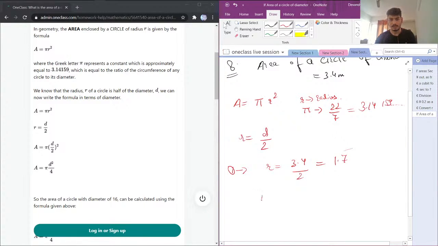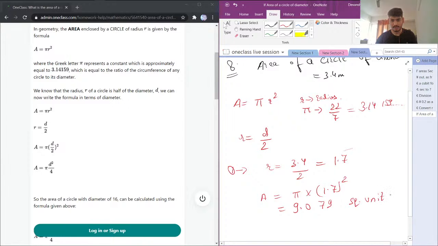Then we use area equals pi into 1.7 whole square, which will be 9.079 square units.